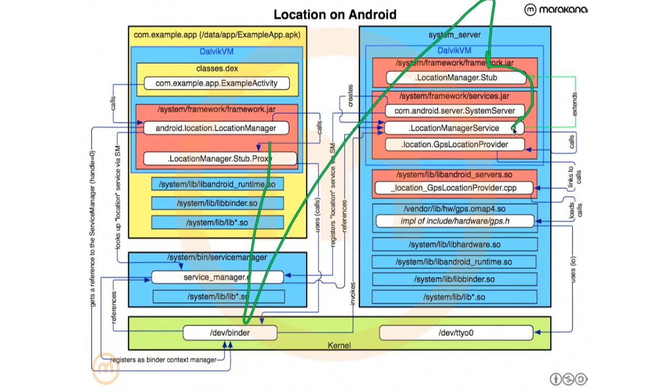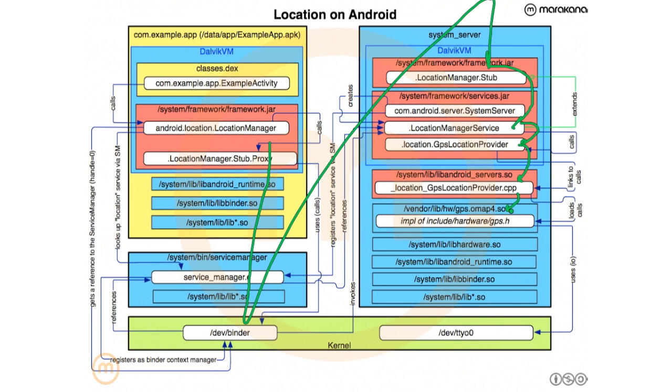The location manager service, depending on the provider you want to use, say you want to use GPS, will fetch the correct provider, assuming you have GPS, say the GPS location provider, which actually doesn't do much work other than bridge to the C code, which is essentially the JNI wrapper. That JNI wrapper also doesn't do a lot of work, except that it bridges to a special HAL, hardware abstraction layer, for GPS.